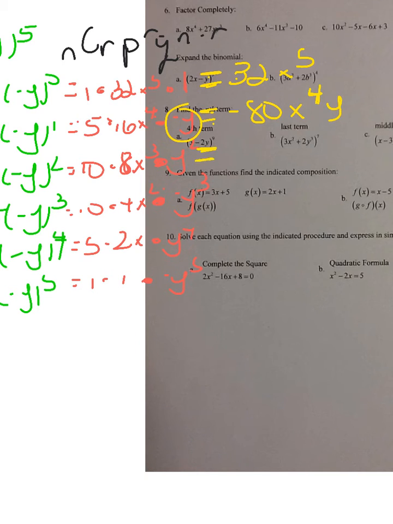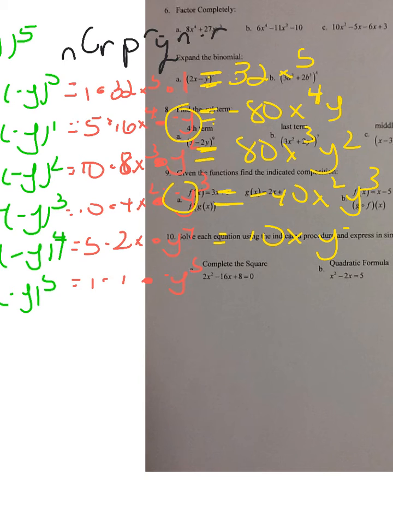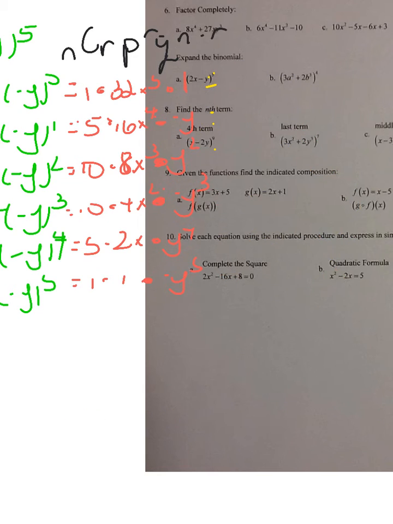And then I have 80x to the third y squared. And then I have 40 times the negative y, so it's negative 40x squared y to the third. And then 5 times 2 is 10xy to the fourth, and negative y to the fifth power. And then just make sure you write the expansion down at the bottom. Okay? All right, so let's take a look at the next one.